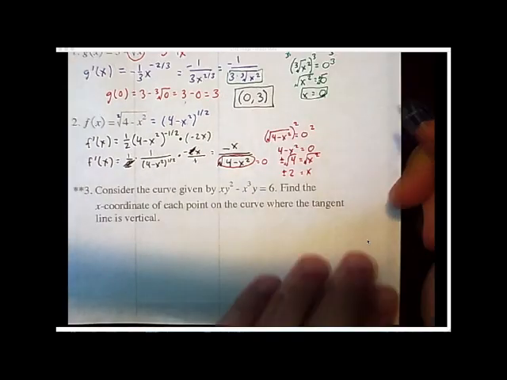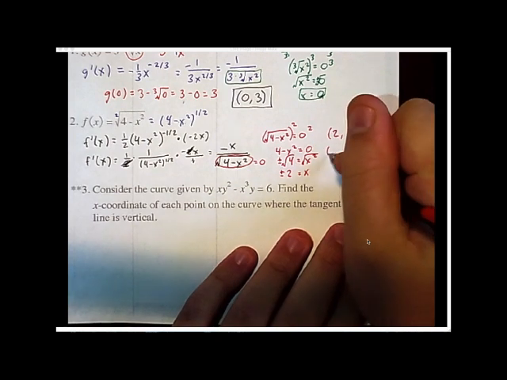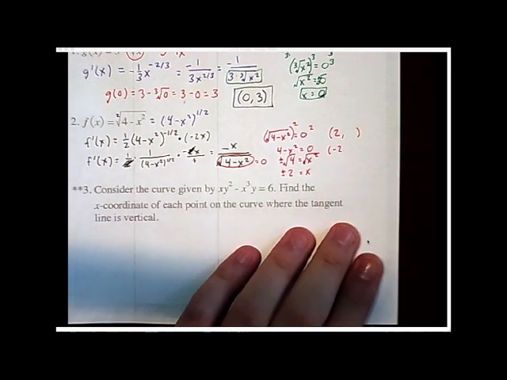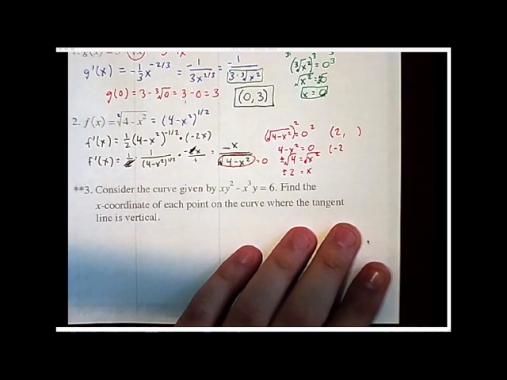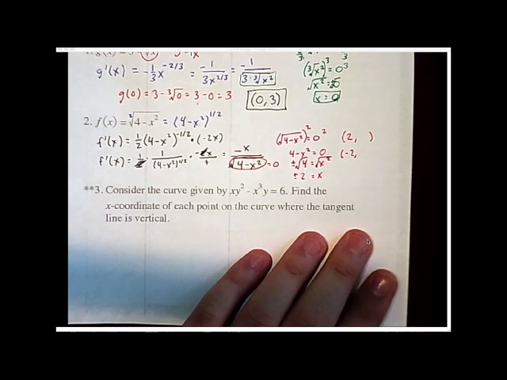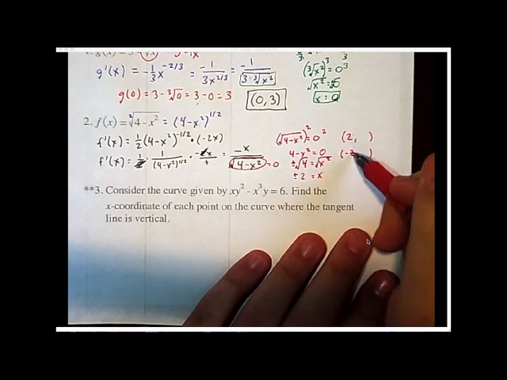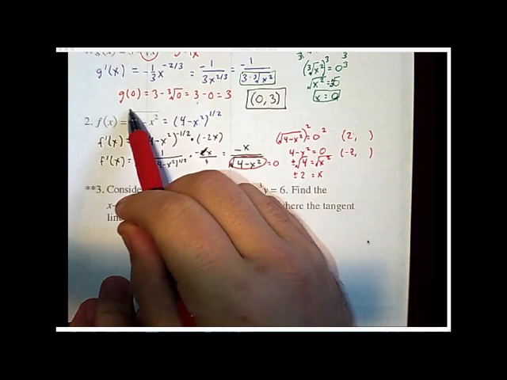So on this original graph, you got an x value of 2 and you have an x value of negative 2. Now, how do I find the y values? I'm going to plug these numbers back into the original function.